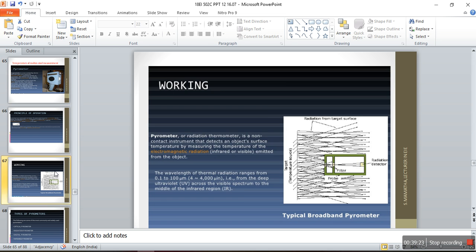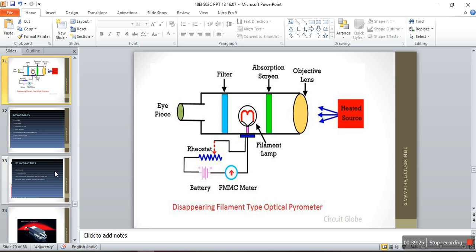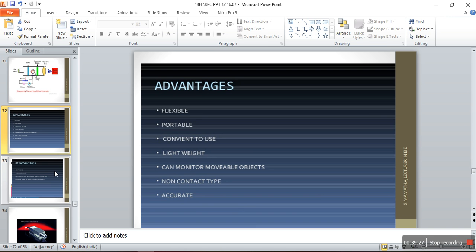Among pyrometers, we can deal with optical pyrometers, IR pyrometers, or digital and radiation pyrometers. Mostly we discuss radiation pyrometers, whose output is in digital format, so the digital radiation pyrometer is used in the iron and steel plant.